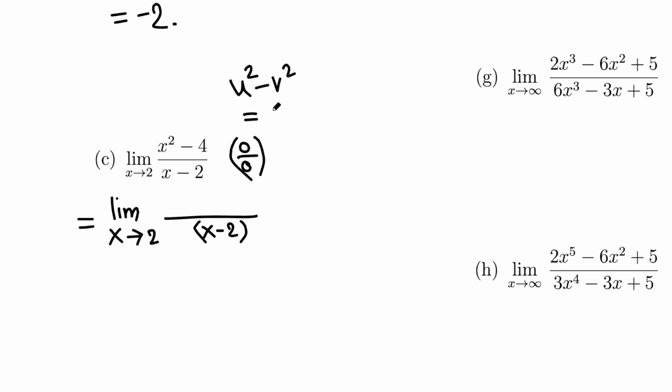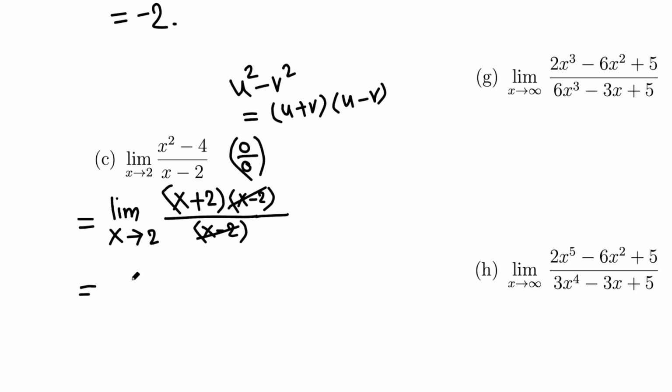It factors as u plus v, u minus v. So x squared minus 4, 4 is 2 squared, so this factors as x plus 2, x minus 2. Now x minus 2 cancels. Replace x by 2. So here is x, so 2 plus 2, 4.